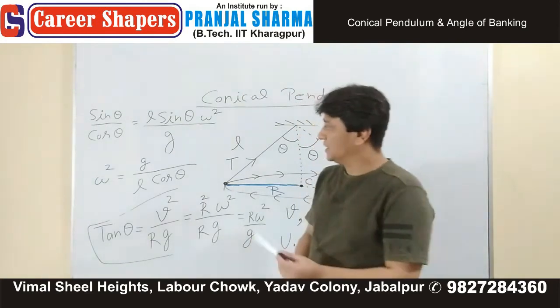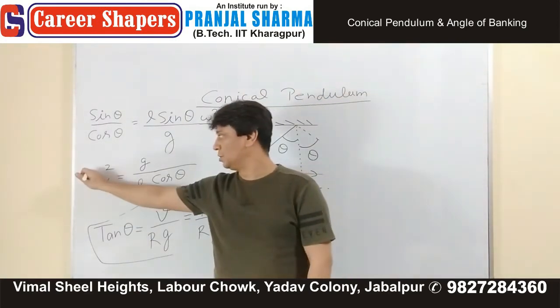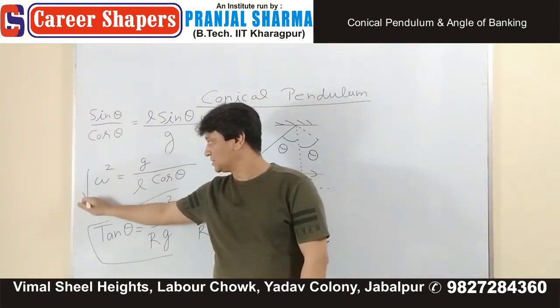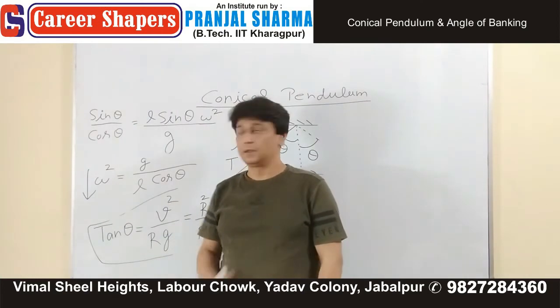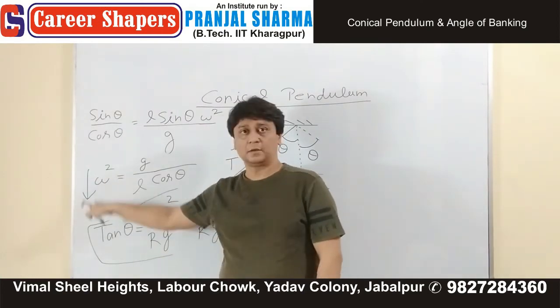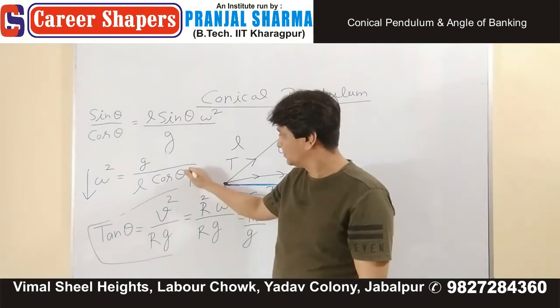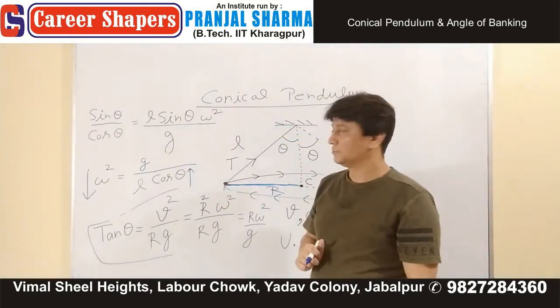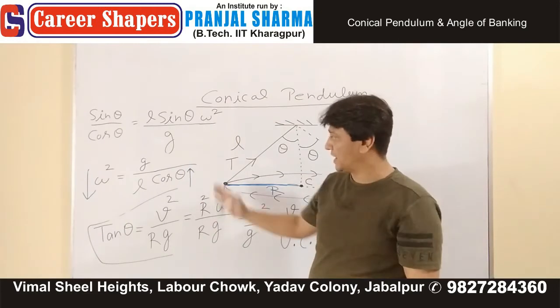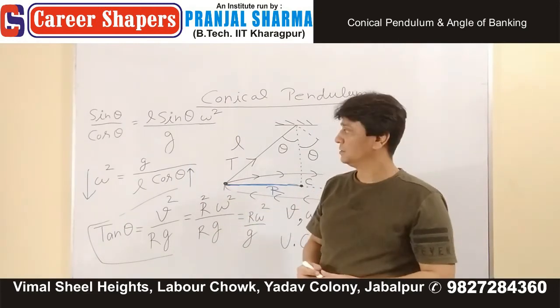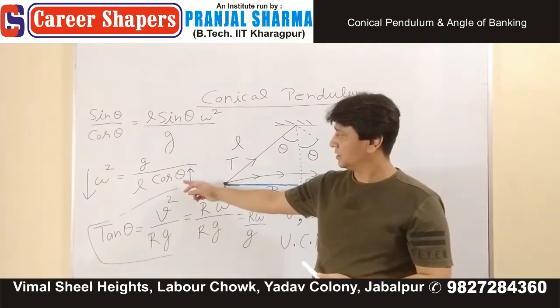If I want to minimize this omega, then I must increase cos. Simple logic.